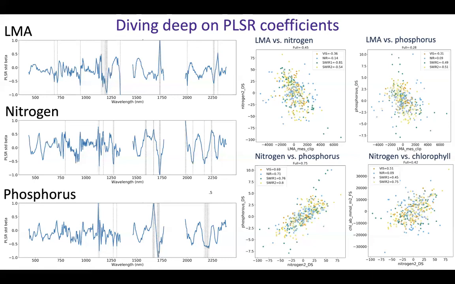Phosphorus is the reason why we would be skeptical of all of this, because there aren't any known spectral features at 400 to 2500 nanometers that are associated with phosphorus compounds. So the way that we look at this is we look at these coefficients of each variable against each other and see if they're correlated. Basically, what you're seeing with LMA against nitrogen, and LMA and nitrogen against chlorophyll, because all of these things are related to each other in terms of their function, is that there's not any correlation.